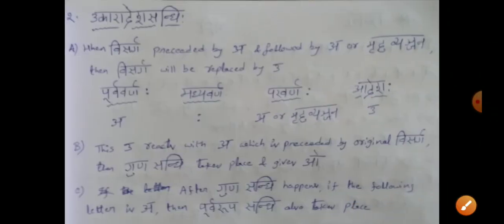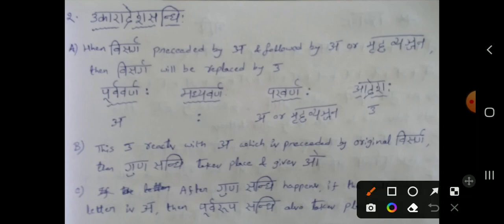Now we'll see the definition once again and then we'll end the class. So Ukaradesha Sandhi is the second Visarga Sandhi. Ukaradesha Sandhi means when Visarga is preceded by the letter A and followed by A or Mriduvyanjana, then this Visarga will be replaced by the letter U. And after this we can apply other rules like Guna Sandhi if the example satisfies our conditions.